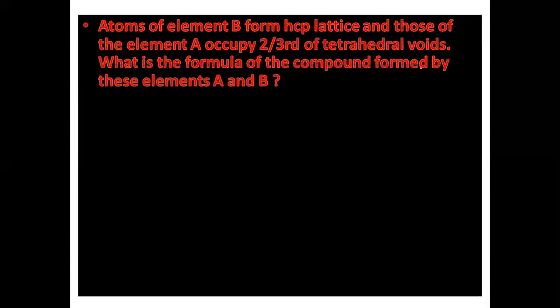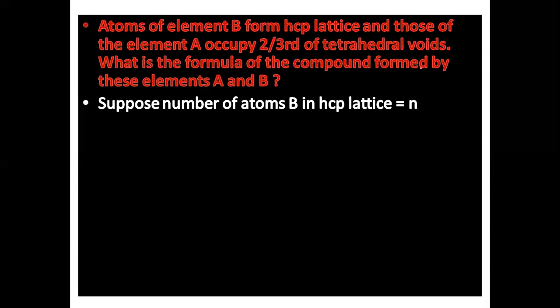Now, a sum based on this. Atoms of element B form a hexagonal close packing lattice, and those of element A occupy 2/3 of tetrahedral voids. What is the formula of the compound formed by these elements A and B? Atoms of B form hexagonal close packing. It means the number of atoms of B in HCP, let it be equal to n.